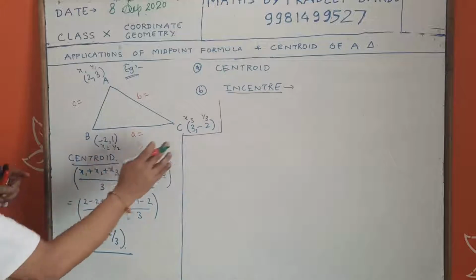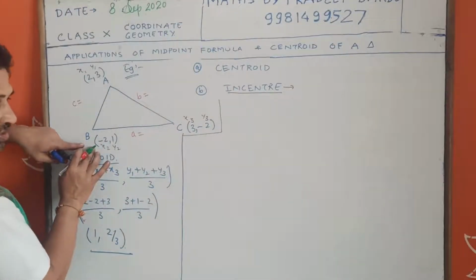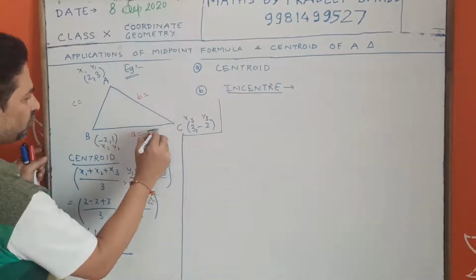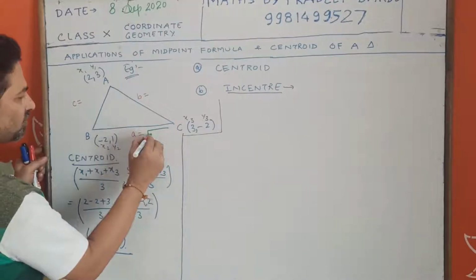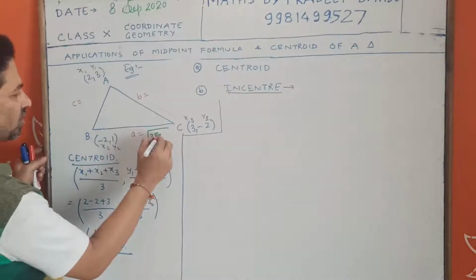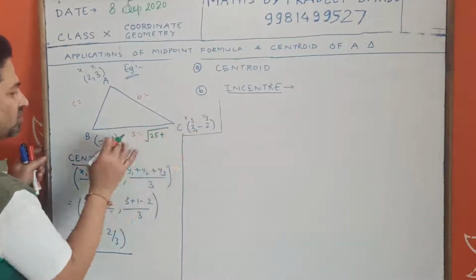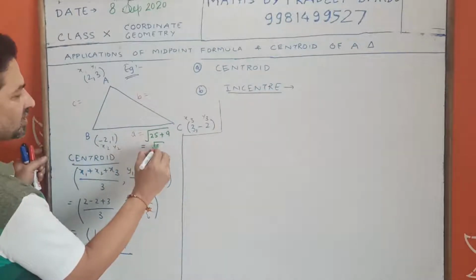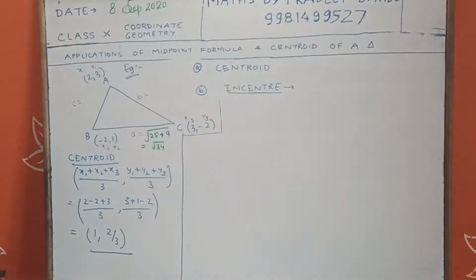So let's see, 3 plus 2, 5. Under root of 5 square, that is 25, plus minus 2 minus 1, minus 3 square, that is 9. So we are getting this as root 34.